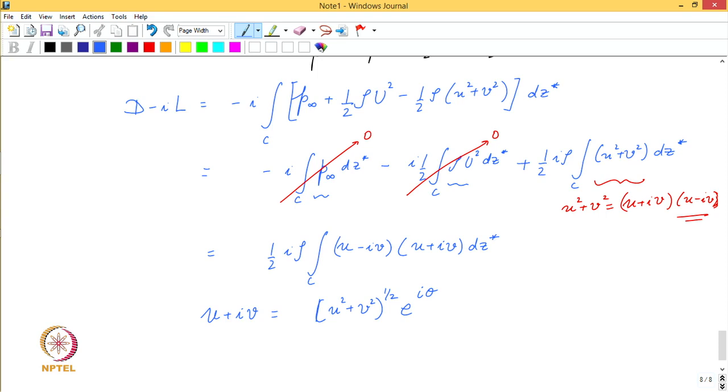So, if you think about what this is, we would say theta should be tan inverse of v by u, right, that is what it should be. But also note that since the surface is a streamline, it is a surface through which no flow can cross, then theta is also the same as tan inverse dy dx, right, that is the definition.